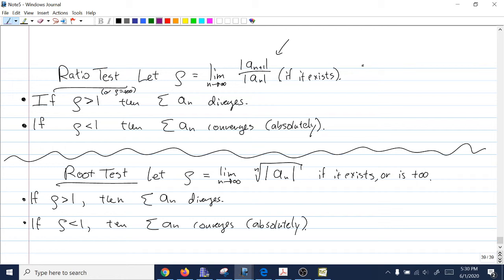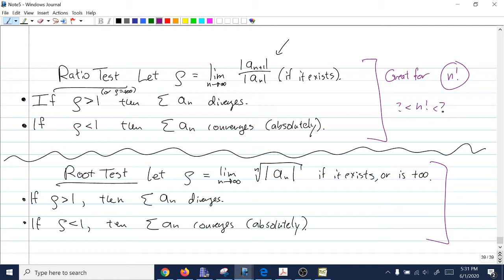When you are using these, the ratio test is great for if you have an n factorial. I'm not excitedly saying that it's great for n. I'm saying it's great for n factorial. N factorial is kind of a blind spot for most of the tests. If you think about how big is n factorial, it's hard to say that n factorial is bigger than something or less than something.